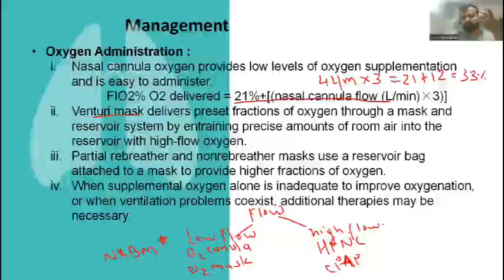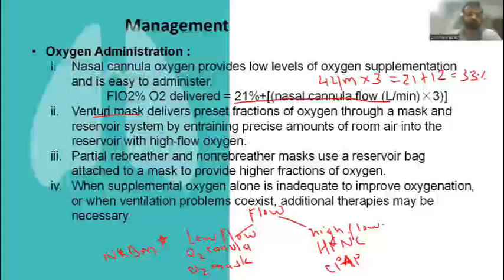The advantage of the O2 cannula is that the face remains open. So you can feed the patient, you can easily put an RT tube, and the patient is comfortable, except for some irritation inside the nose. Overall the patient is comfortable compared to a mask, where the face is blocked and there is a lot of leakage if the mask is not tight.